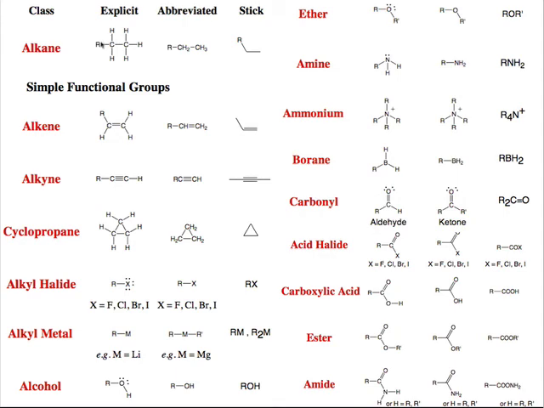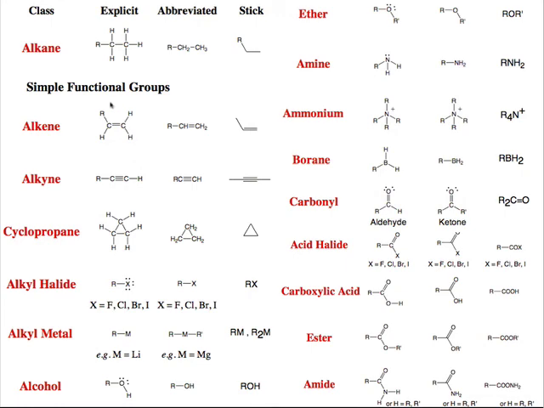Here is the explicit formula for an alkane. There is an abbreviated formula where the explicit formula is kind of condensed. And this source that I got this from calls this a stick, but the stick formula, as you can see, is a line angle representation of the explicit formula.